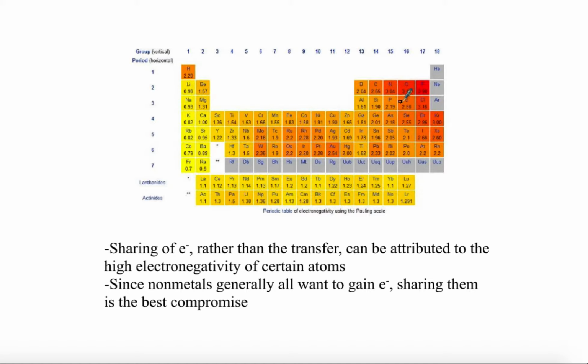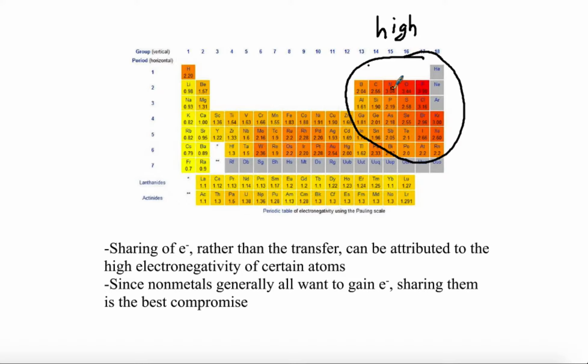So if we're talking about covalent bonds between nonmetals, we're basically talking about elements over here on this right-hand side of the table. So that means everything here is going to have more or less a high electronegativity. So when it comes to forming bonds and wanting to have those full octets, just about any combination of elements here is going to want to have the electrons. They're not going to be as willing to lose them as some of the metals are.